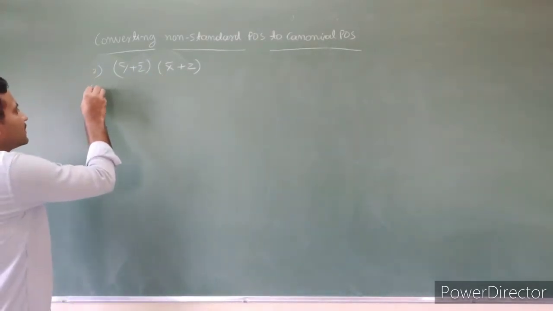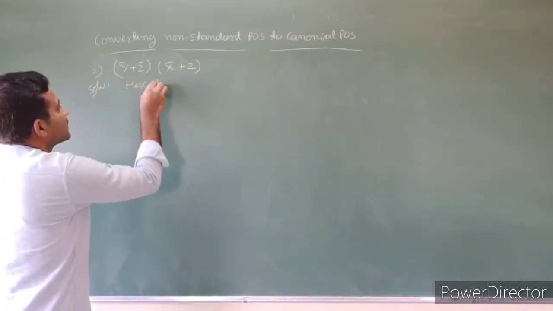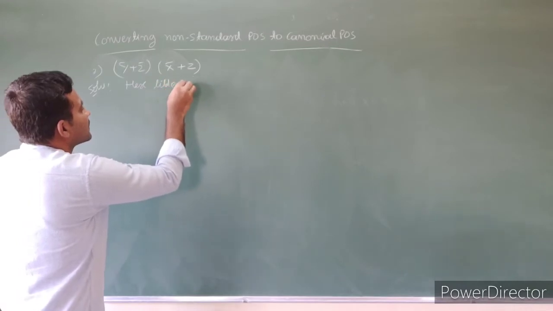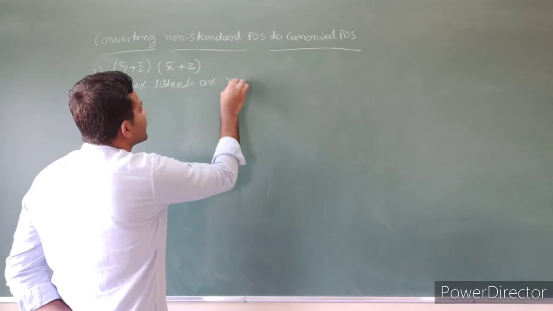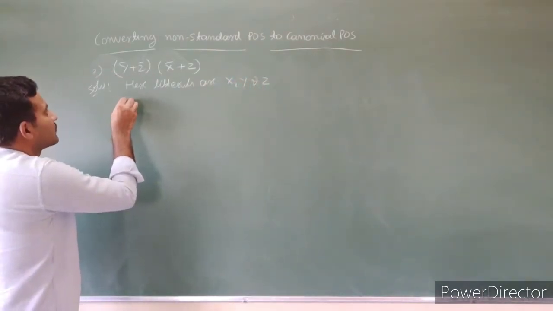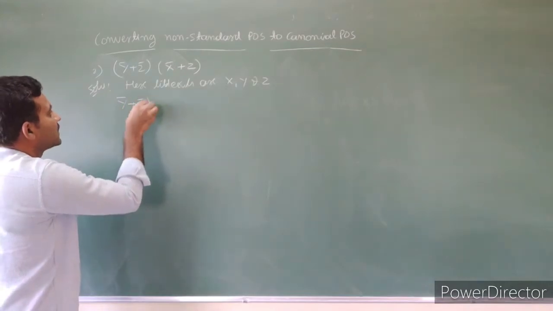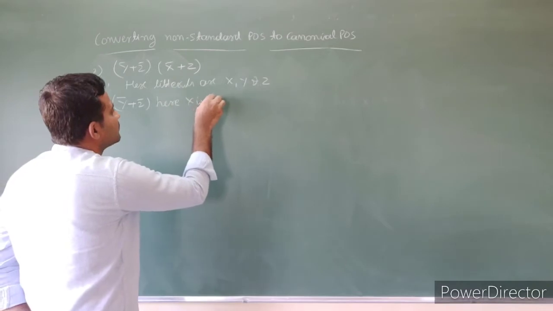First list the literals. Here the literals are x, y and z. Then consider the first one, y bar plus z bar. Here x is missing.